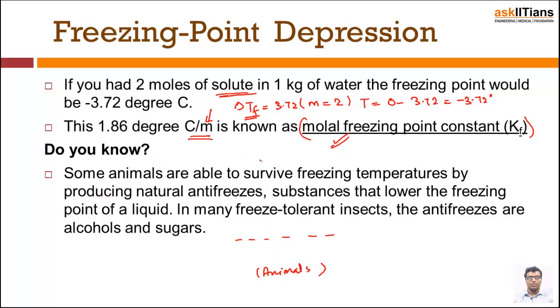Some animals survive freezing temperatures by producing antifreezes, or substances that lower the freezing point of a liquid. If initially the freezing point is 0 degrees centigrade, now it will be a lower freezing point. So by producing natural antifreezes, they can survive freezing temperatures.